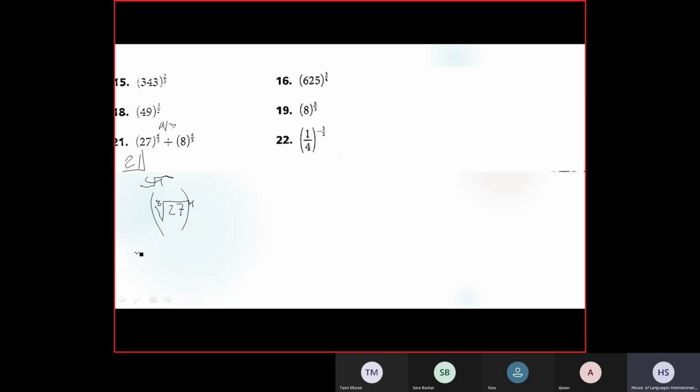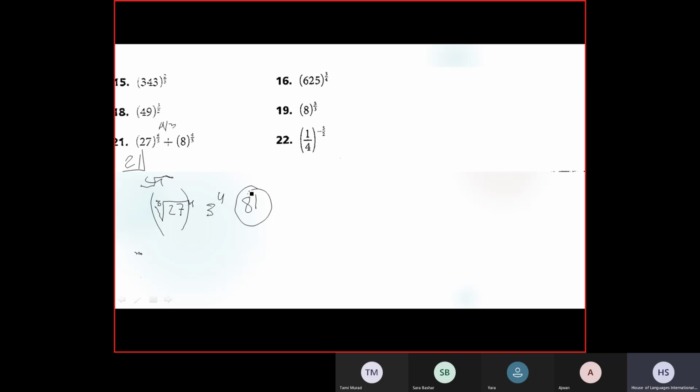So what is the cubic root of 27? 3. The answer is 3. Bravo. 3 raised to the power of 4 is 81. So the first part here, 27 to the power 4 over 3, the answer is 81.